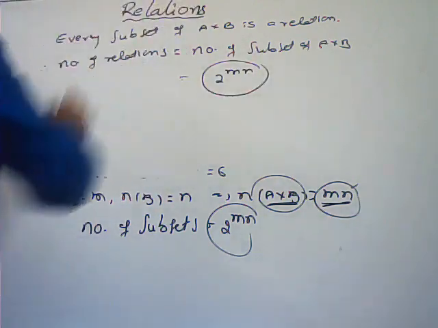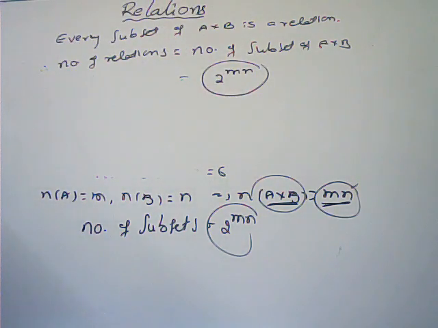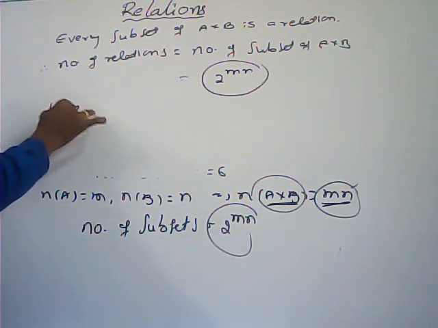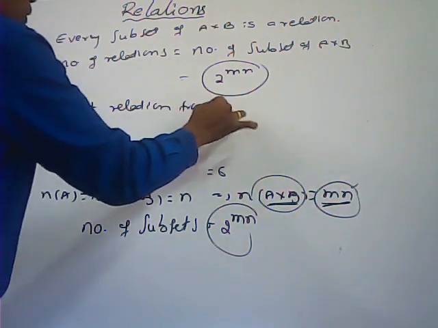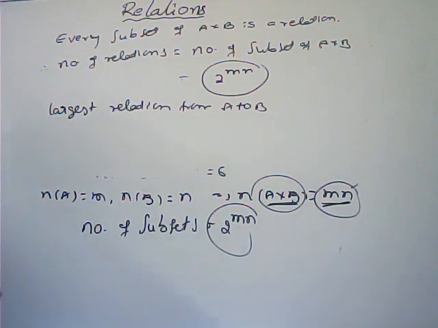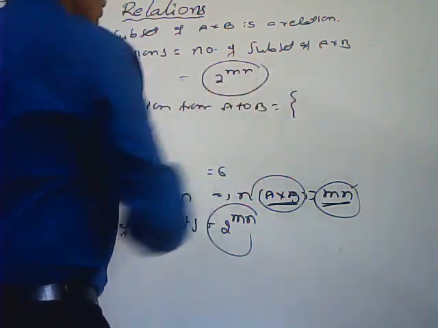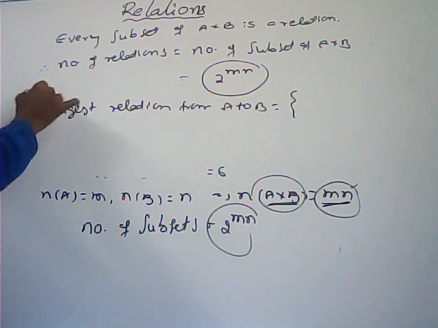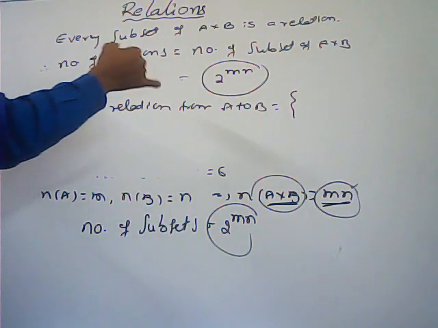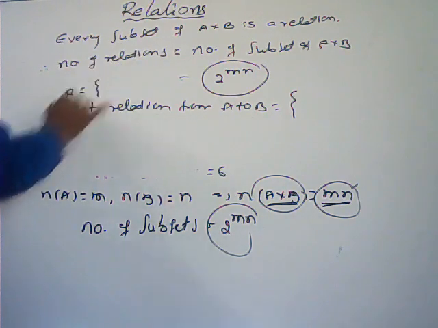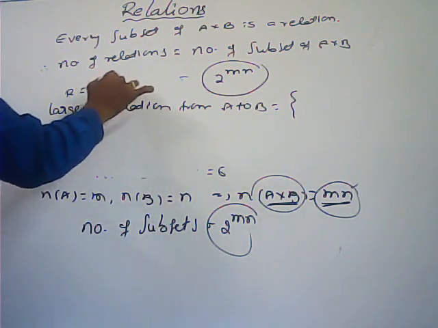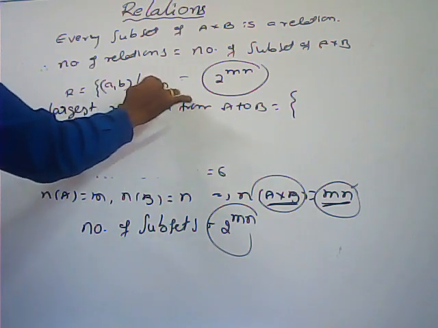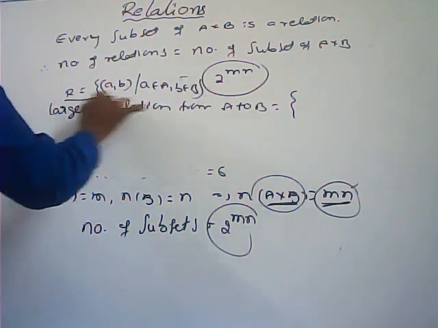In that 2 power mn, what is the largest relation from A to B? If I write the relation in set builder form, the relation is equal to the set of ordered pairs (a, b) such that a belongs to A and b belongs to B. This is the relation.